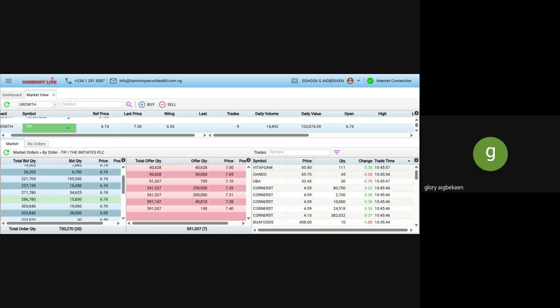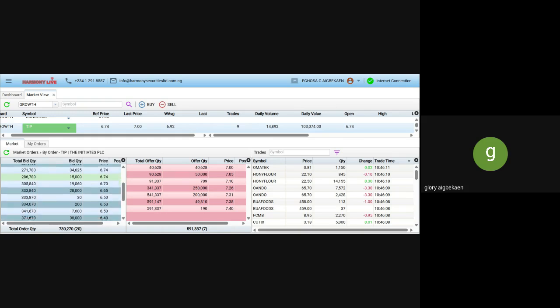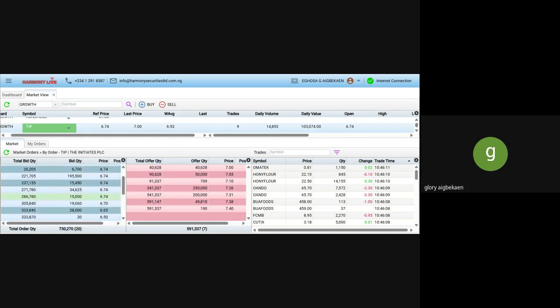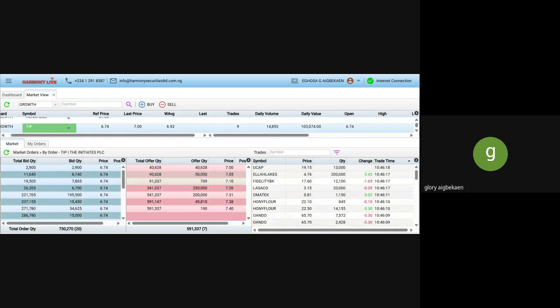About 286,000 units is being bid at that price. This is the offer side.